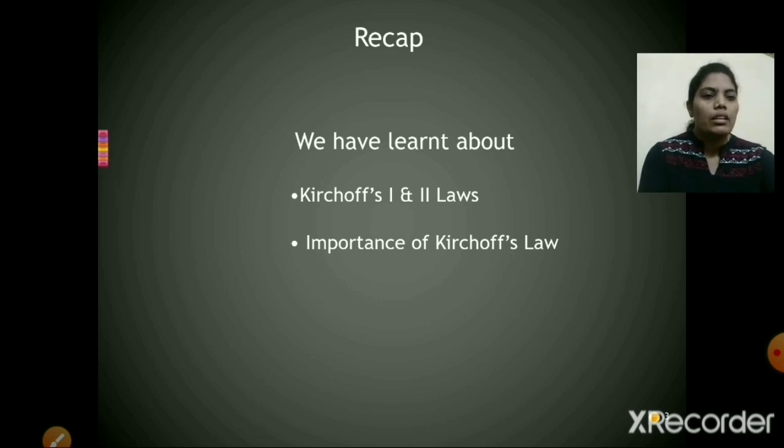You can remember these two statements very easily: according to the first law, the algebraic sum of currents meeting at a junction is equal to 0, and according to the second law, the algebraic sum of potential differences in a closed loop is equal to 0, where potential difference is simply the product of current and resistance. That is, according to Ohm's law, V equals I into R.